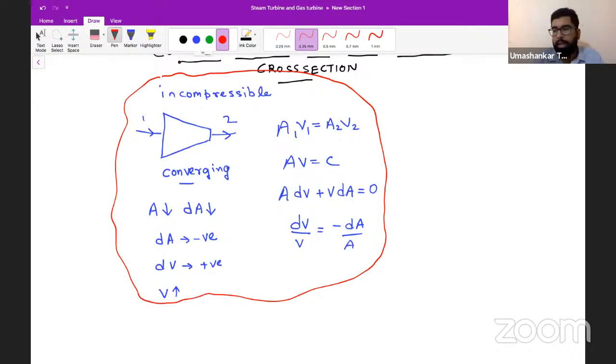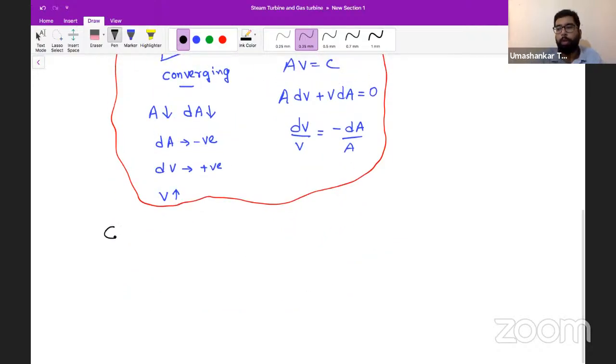Now, is there any doubt in that? Do we say like this or not? That's in incompressible fluid. What we have learned is that whenever the area decreases, the velocity increases, and with the increase of velocity, the pressure certainly decreases. Right? Is it right? So how am I doing this? I am doing this by using the continuity equation.